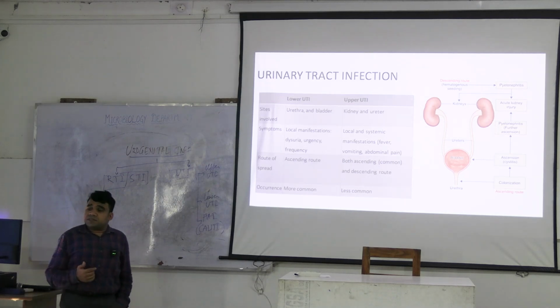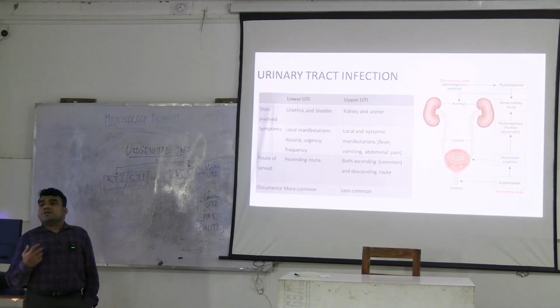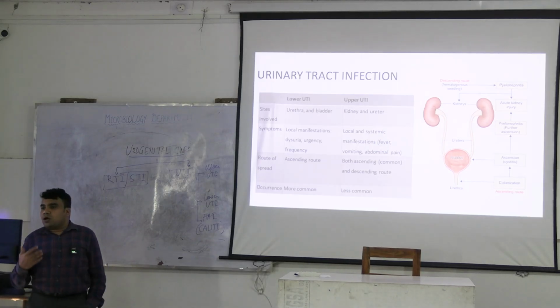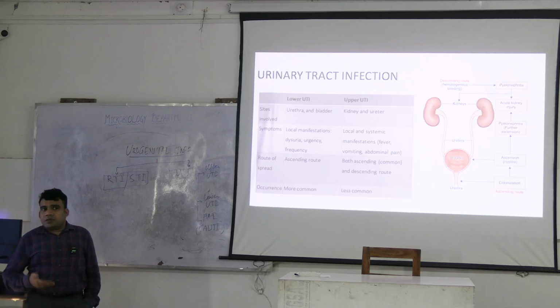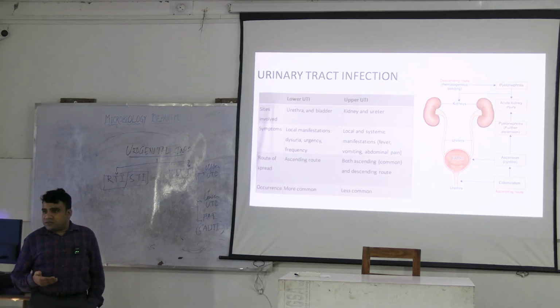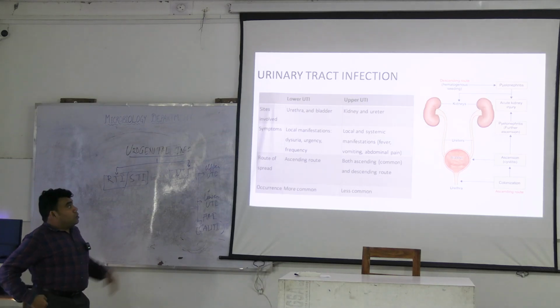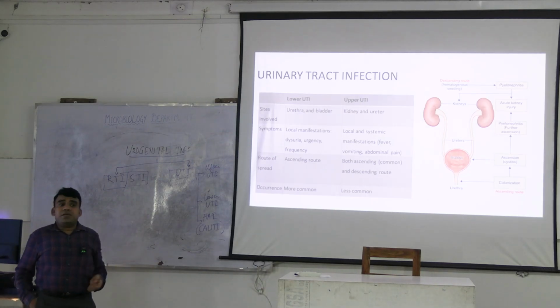Another symptom that may present is that because of the irritation, the patient may complain of pain on the urinary bladder. What is the anatomical location of the urinary bladder? It is the pubic symphysis. So, the patient will complain of lower abdominal pain. So, the local manifestations may be dysuria, urgency.